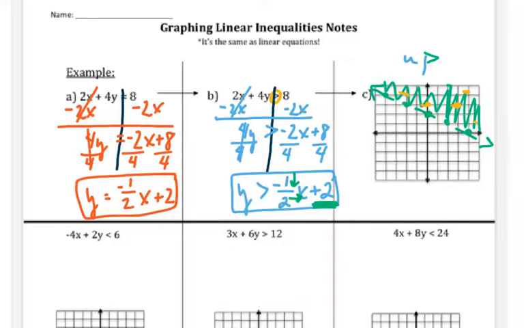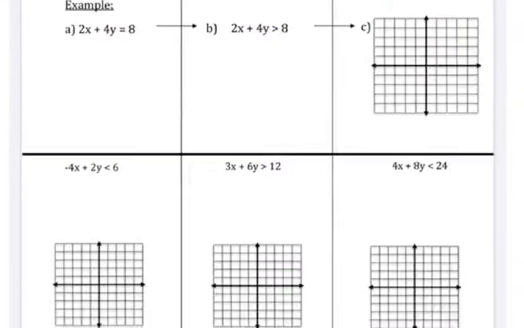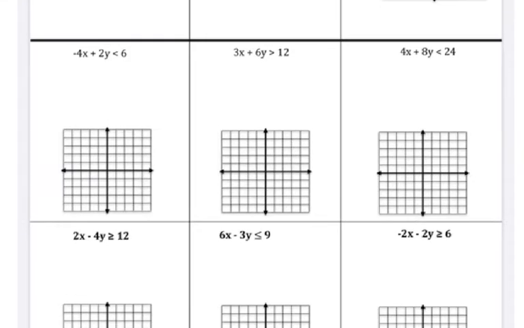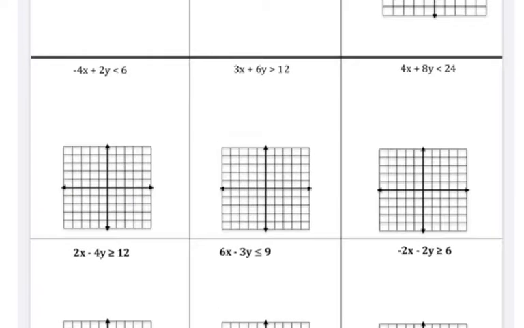Let's try one more like that together. In this next one, again, we're solving for y. To get y by itself, we start by moving the x. Plus 4x, plus 4x.